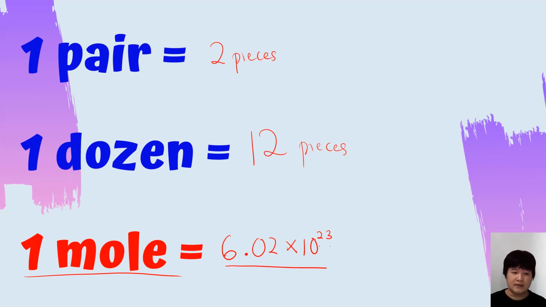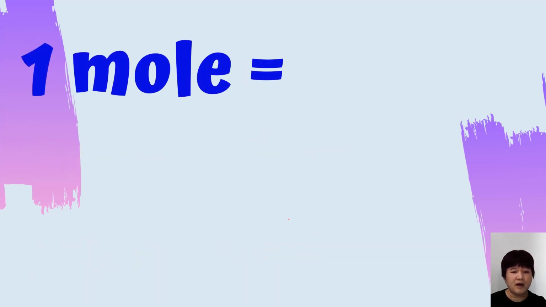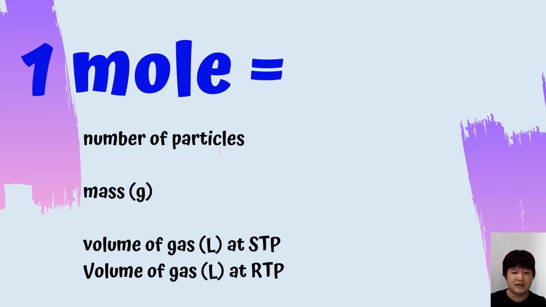And 1 mole works exactly like 1 pair or 1 dozen. It's a bigger value, so don't be scared of the word mole, alright? So when I apply 1 mole in chemistry, how many particles does it represent? It represents 6.02 times 10 to the power of 23 particles.